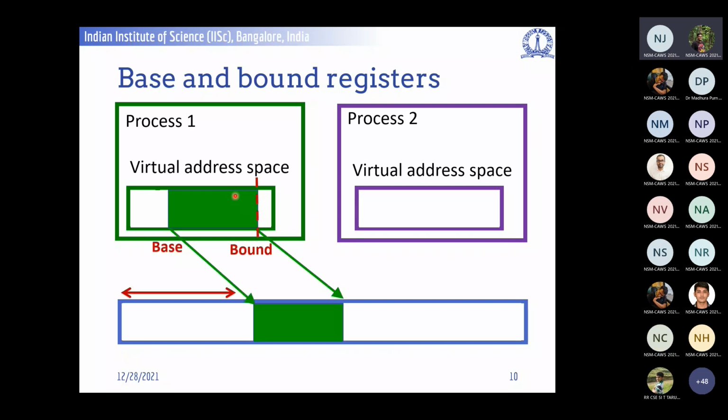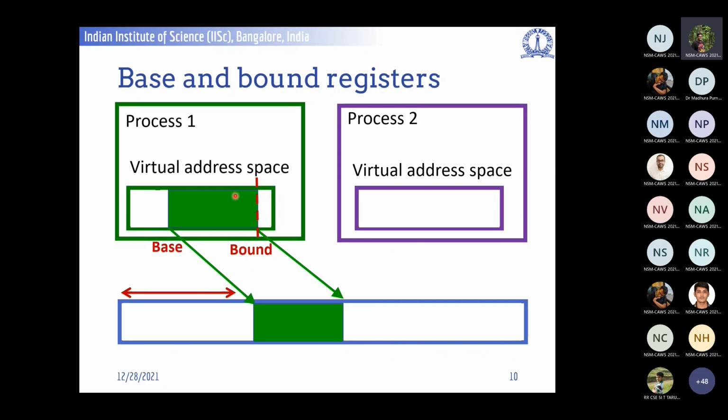So what the base and bound does: base just contains the offset into the physical address space to which this solid region of virtual address space is mapped, and bound makes sure where that region actually ends.